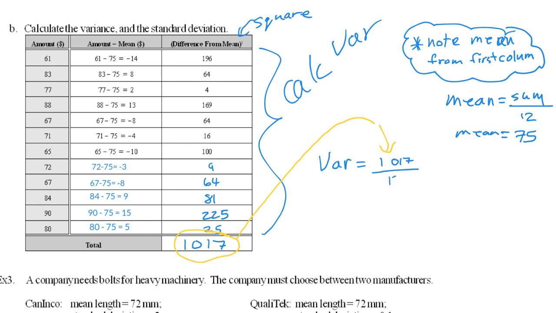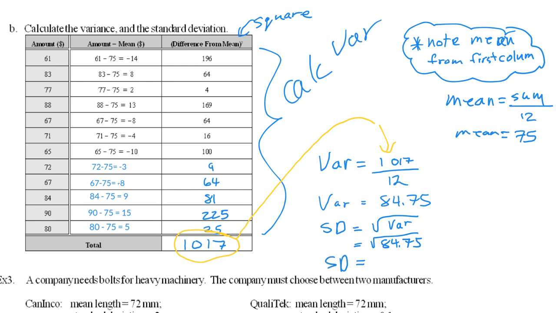So we divide by 12, and we end up with the variance equal 84.75. So now the standard deviation is equal to the square root of the variance, which is equal to the square root of 84.75, which gives us a standard deviation of approximately 9.2.